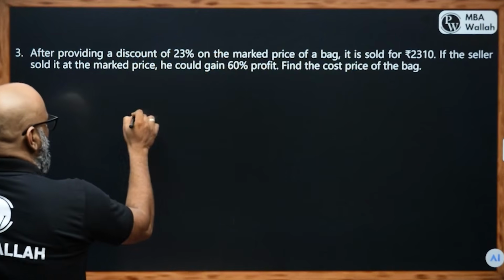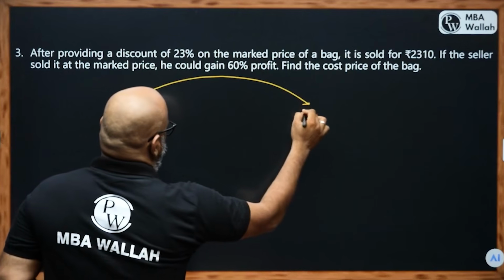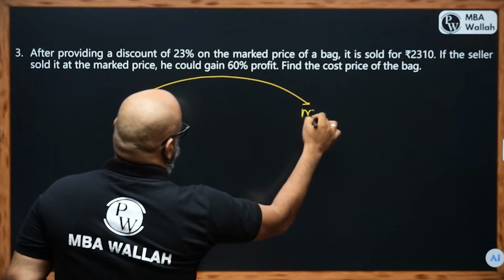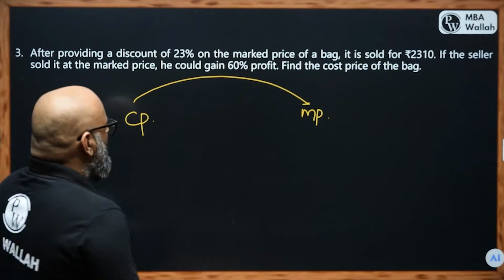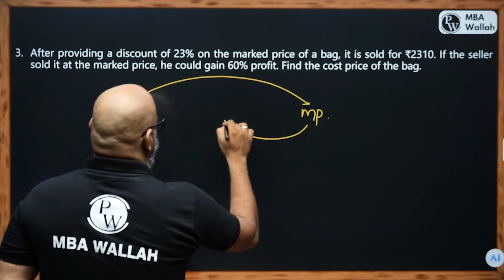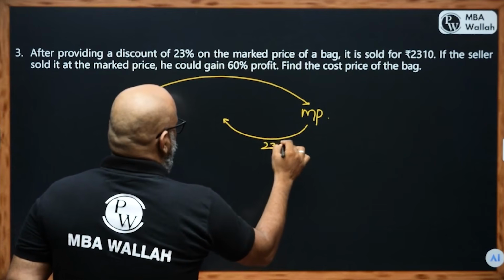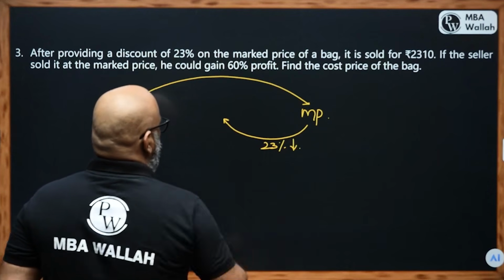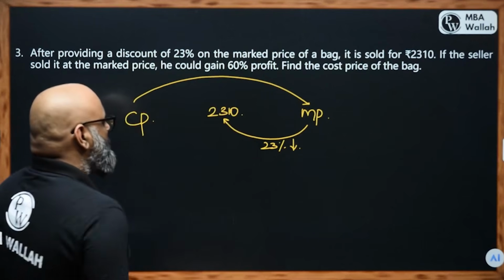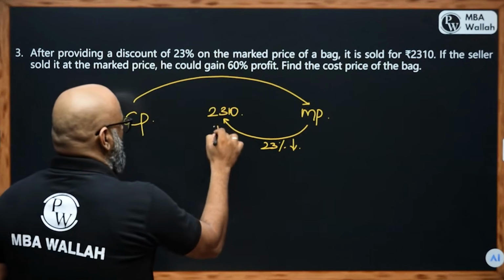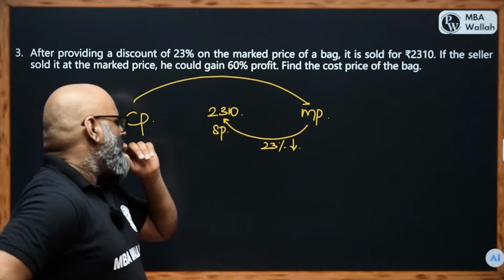So there is a cost price which we don't know. From there, there is a markup to the marked price, which we don't know either. But the one thing I know is that the shopkeeper has given a 23% discount and sold at 2,310. So this is my selling price.